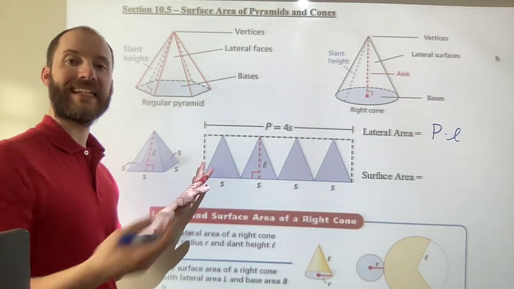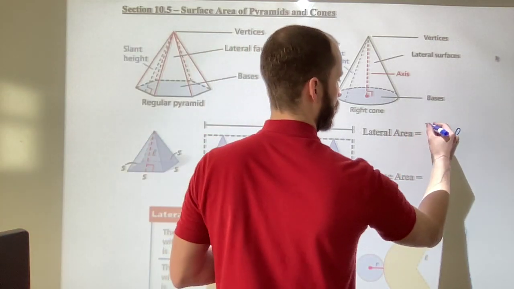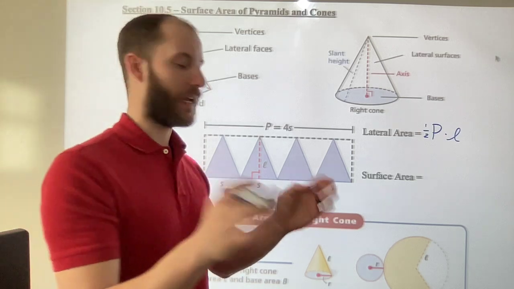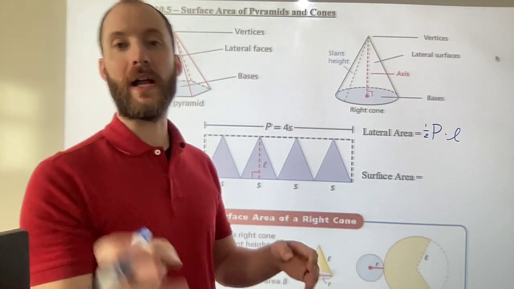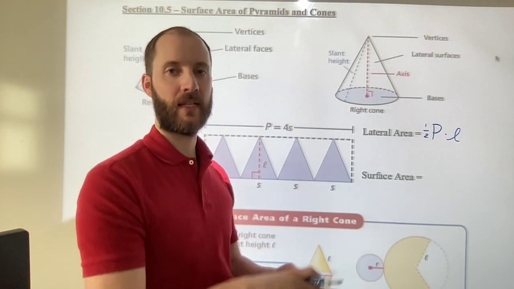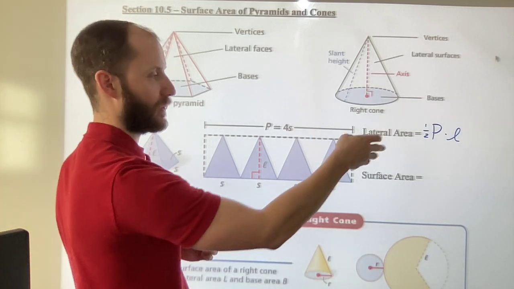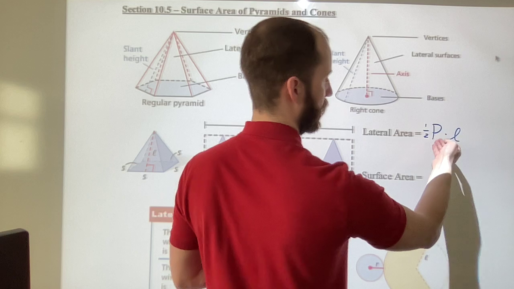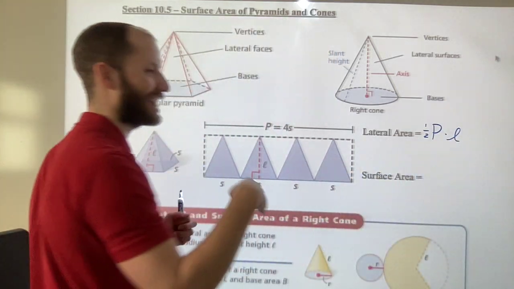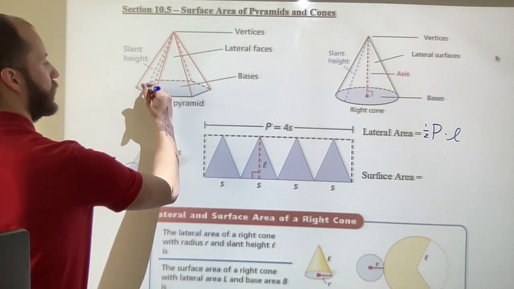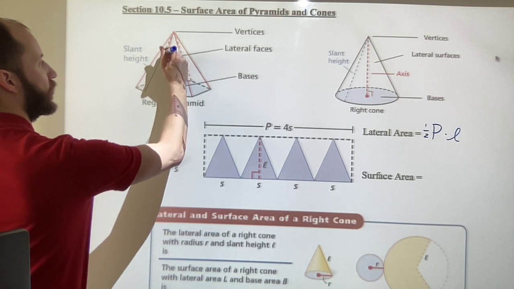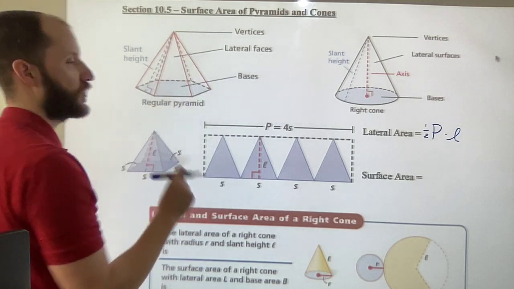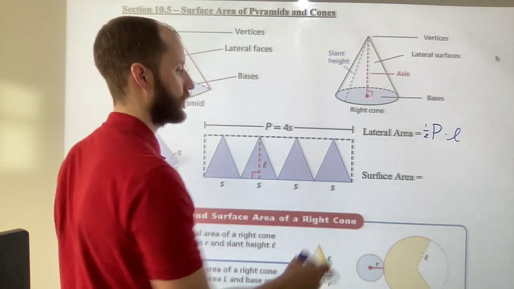Before we had rectangles. So just like rectangle, base times height, triangle 1/2 base times height. For prisms, it was perimeter times your altitude. Now it's half the perimeter times the slant height, going up the lateral face of the pyramid, rather than straight up and down.